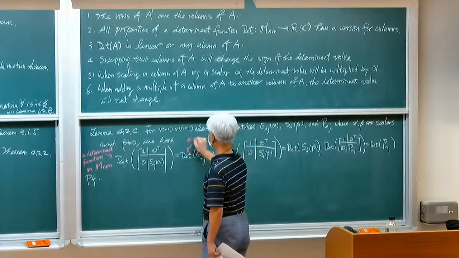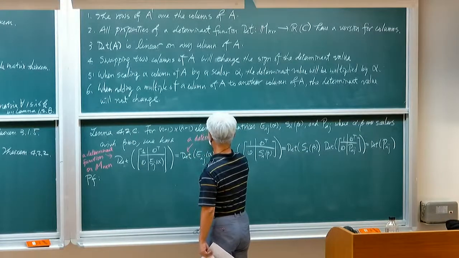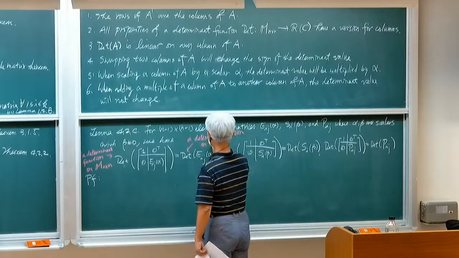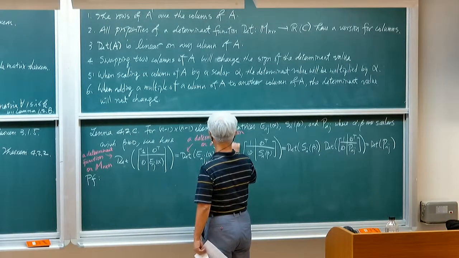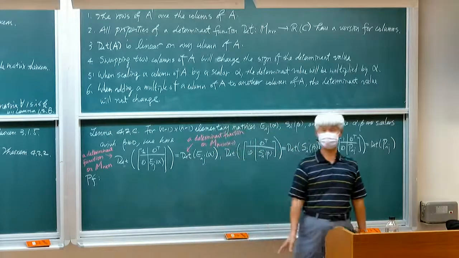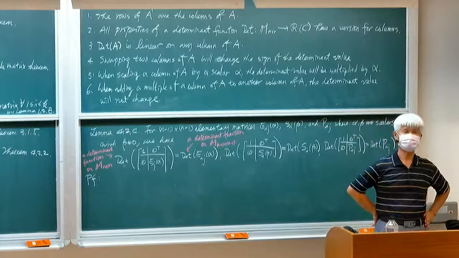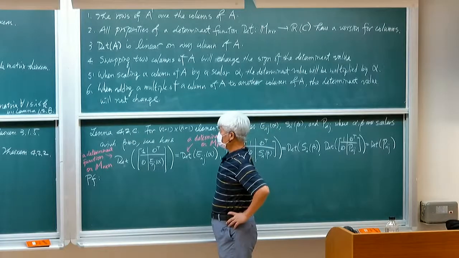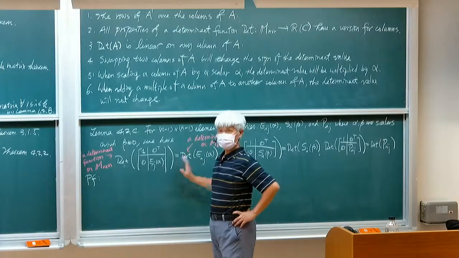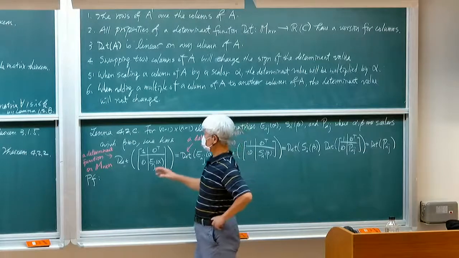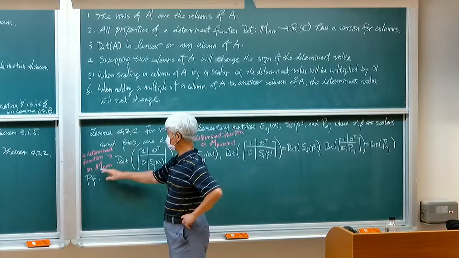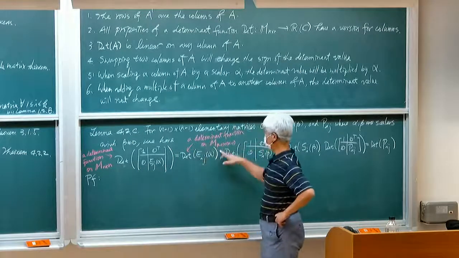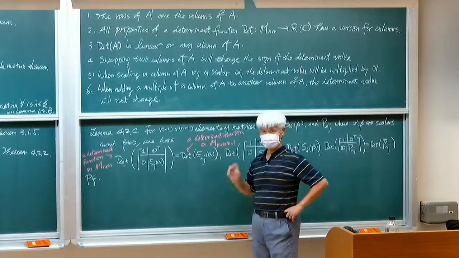But this one is a determinant function on n-1 times n-1 matrices. So they are different functions. And the lemma is good. It's valid for any determinant function on n times n matrices, and for any determinant function on n-1 times n-1 matrices.